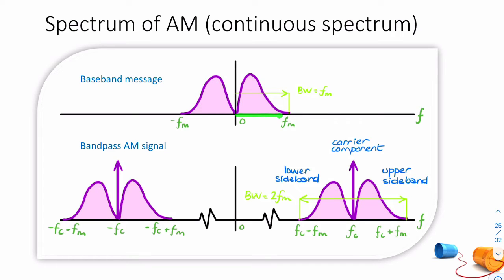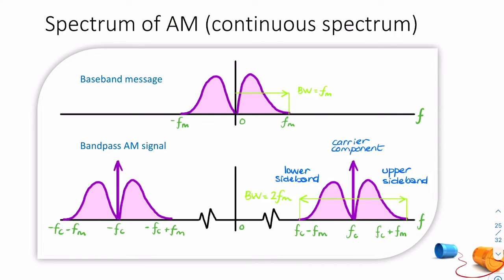Notice that the frequency axis has a positive side and a negative side. And I'll try always to represent things on both sides, even though they are the same. So the positive frequency has a tangible physical meaning that we understand. Negative frequency doesn't, but it is a mathematical reality. So remember we said for a baseband signal, the bandwidth is equal to the highest frequency component.